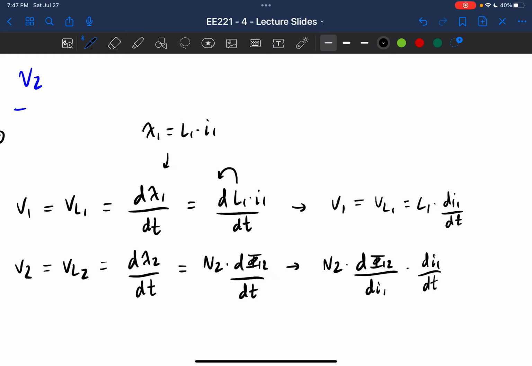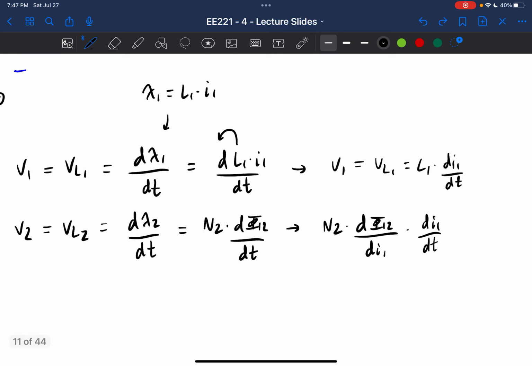And you'll see that di1 and di1 cancel here, which gives me right back to where I started. But if I keep it in these terms, this looks really similar to my expression for V1, right? I've got some term multiplied by di1/dt. Here I've got some term multiplied by di1/dt.